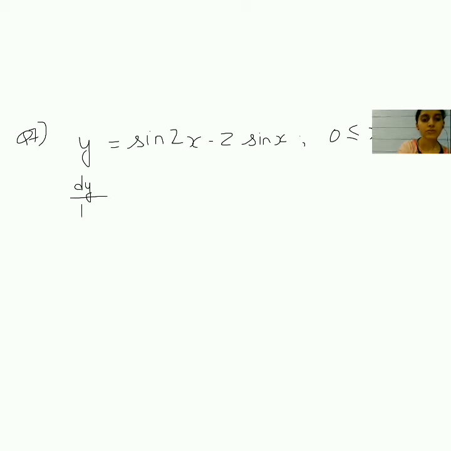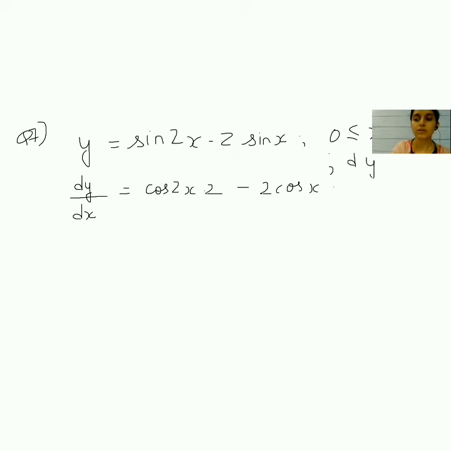Okay, so we write dy by dx is equal to sine 2x will be cos 2x, multiplied by 2, minus 2 sin x will be 2 cos x. Okay, now there's one condition also that they have given you, that dy by dx is equal to 0.